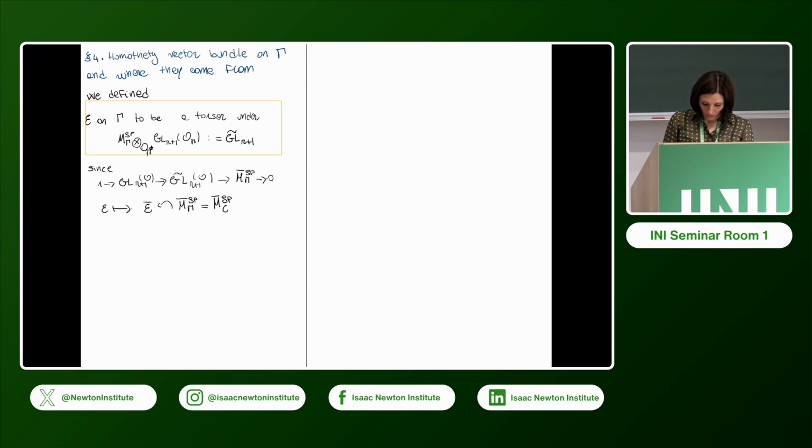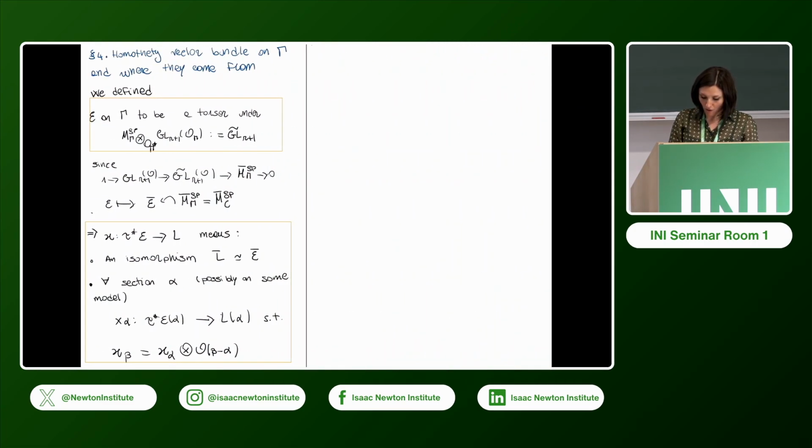As before, to one of these vector bundles up to homothety, we can associate a torsor under the characteristic sheaf. And so now I can at least tell you what was the meaning of this morphism between these two objects in the definition of linear series.